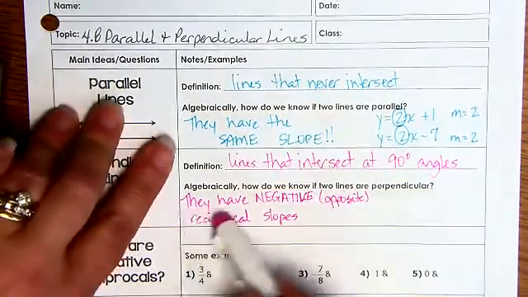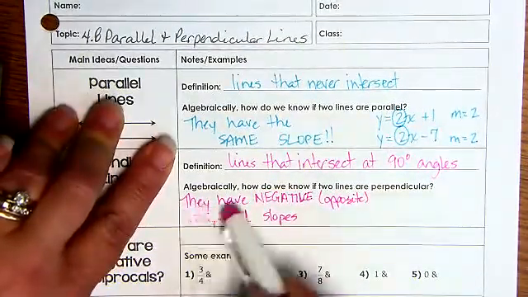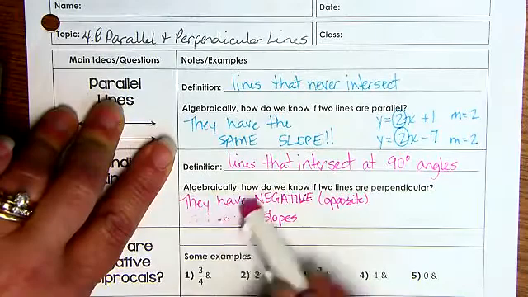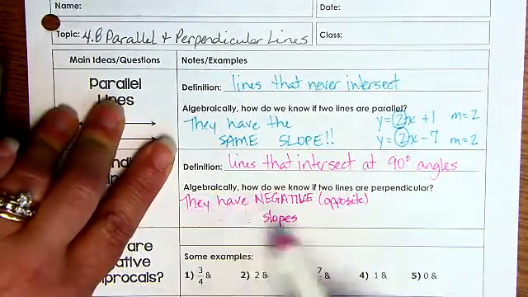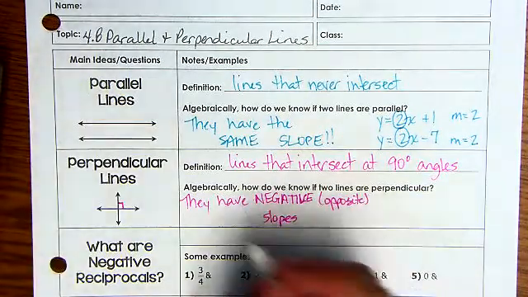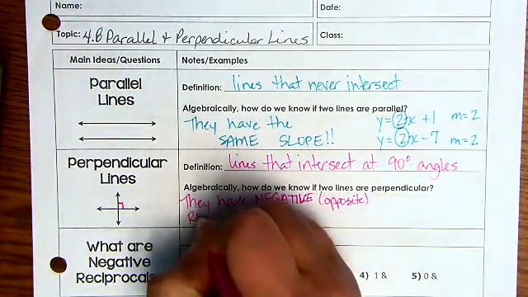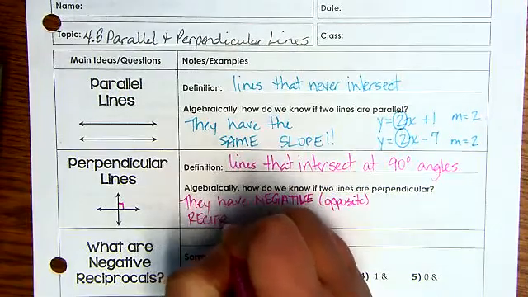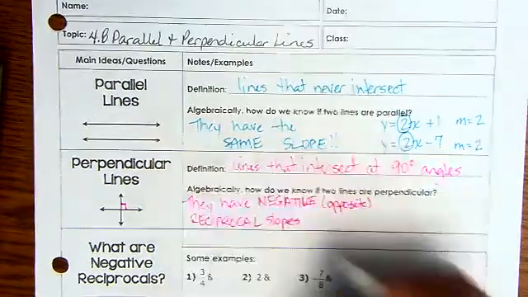This should be capitalized. Really pay attention to what you're doing because this is the important part. The negative reciprocals, which means when you multiply the two, they would equal -1. I'll show you what that means as well.